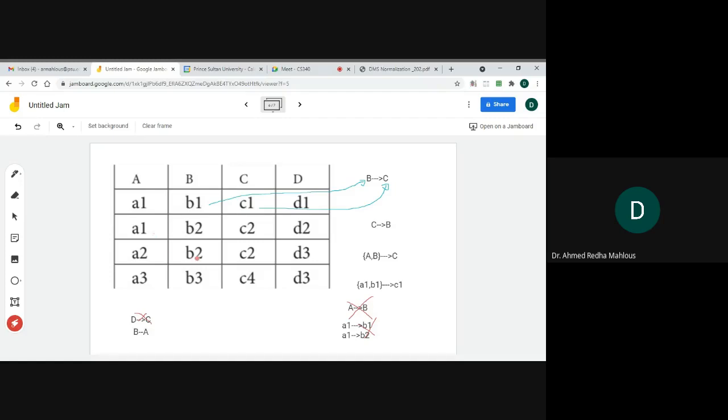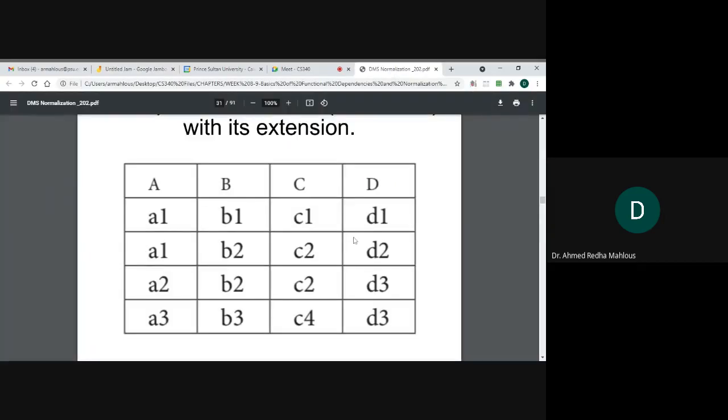But here, I do have another line which says A2. That means this cannot be considered a functional dependency. Okay? So in this manner you define the functional dependency, and all normalization is based on functional dependency. It is very important to understand functional dependency in order to use it in your normalization process.